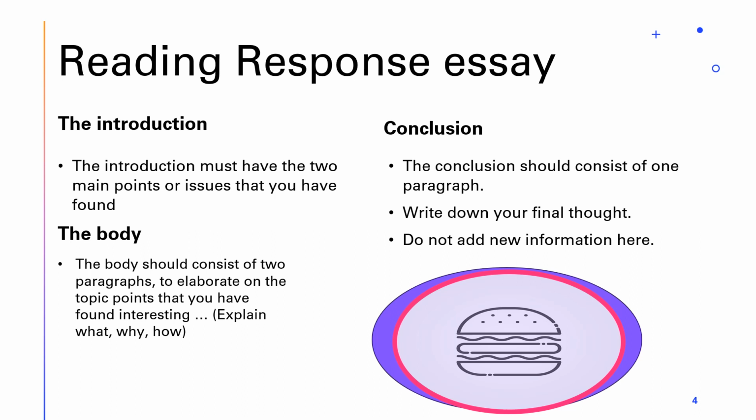So let's say your first main point is, I don't agree with the author because I don't like the way he stated it, or I don't feel like this is the truth because of X, Y, and Z. And then your second paragraph will be the second point that you might find interesting or that you have an issue with.